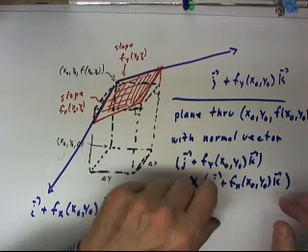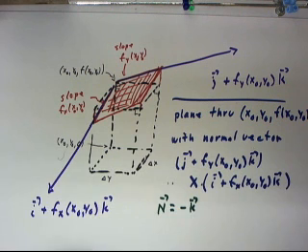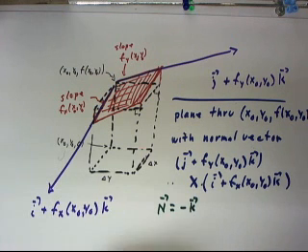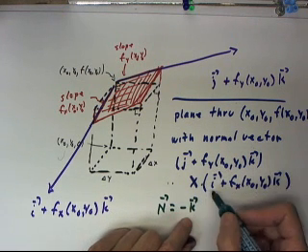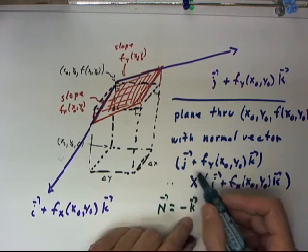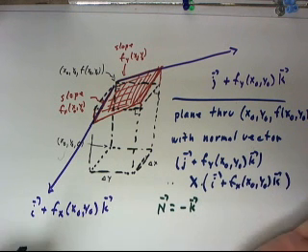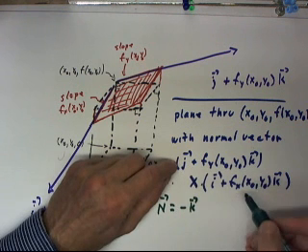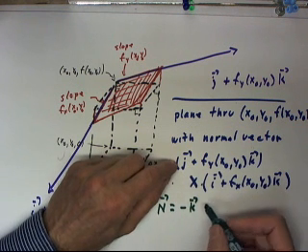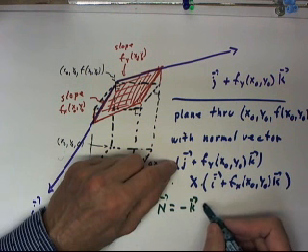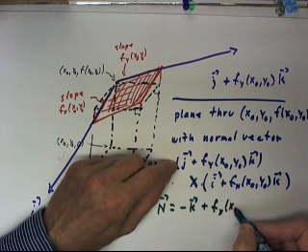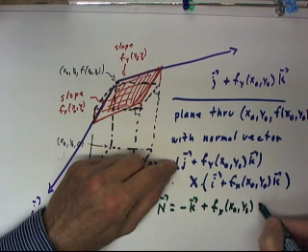Now, of course, we could have done this cross product in the opposite order and we would have gotten positive k, but just write them down in the order we thought of them. So j cross i is negative k. What's j cross k? Well, j direction, k direction. j cross k is the x direction, so that j crossed with the fx k is going to be fx of x0, y0 times i.